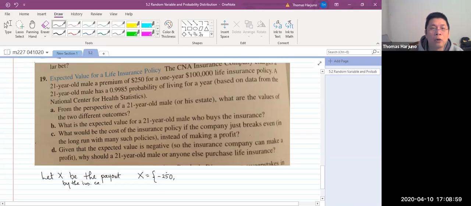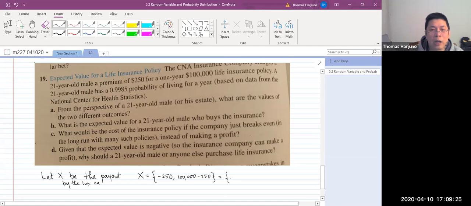However, if he passes away within this next 1 year, then his estate, of course not him, he died, right? Then his estate will get 100,000 together with what he paid earlier minus $250.